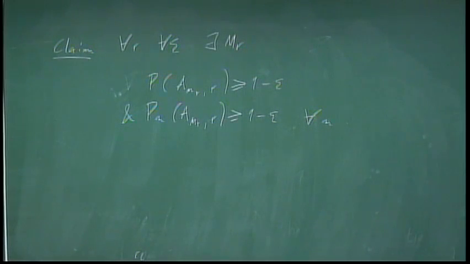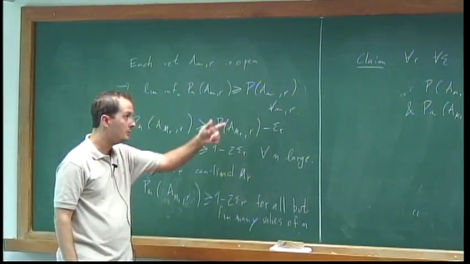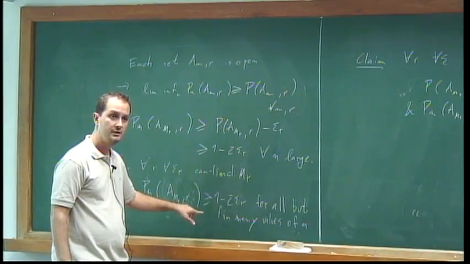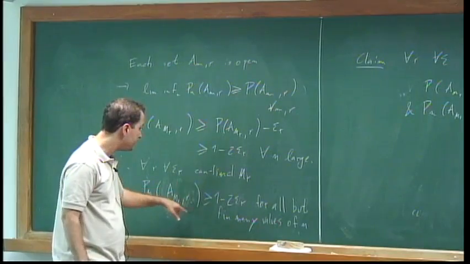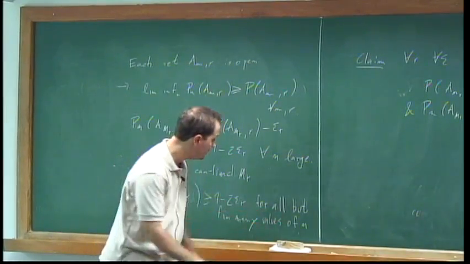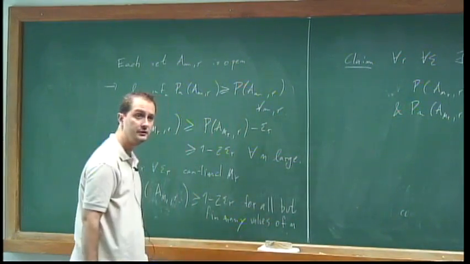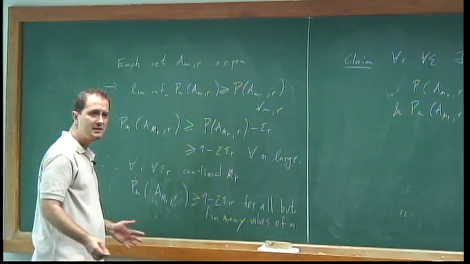So I almost proved this here, right? For all epsilon, I just take epsilon R equal to epsilon over 2, and I get this. So this is almost proven. The only reason why this is not proven is that there are a few exceptional values of n that I haven't covered. But that's easy to cover, right?